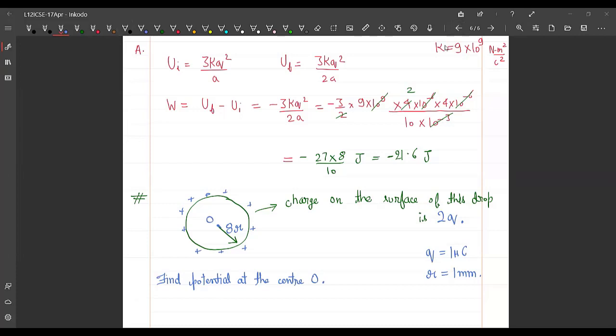What's the value of the potential at the center? At the center of the spherical shell, it is KQ upon R. So if I calculate the value, K is 9 into 10 raised to 9, Q is microcoulomb, and R is 1 millimeter, but it is 2Q, so 2 into 10 raised to minus 6, and this is 8R.